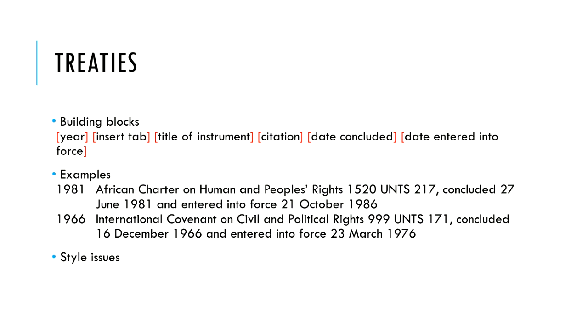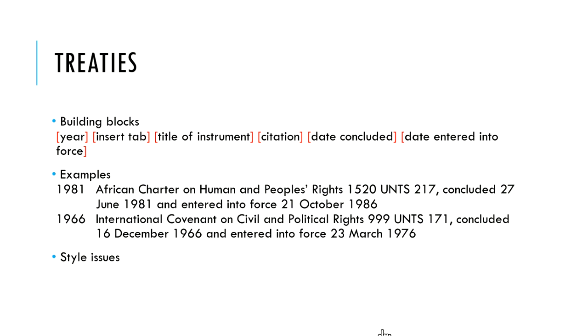This is not for when you write it in the main body of your document, your thesis, your essay, your report. This is followed by the title of the instrument, its citation, the date it was concluded, not the year, but the date, the full date, and when it entered into force, if it has entered into force.